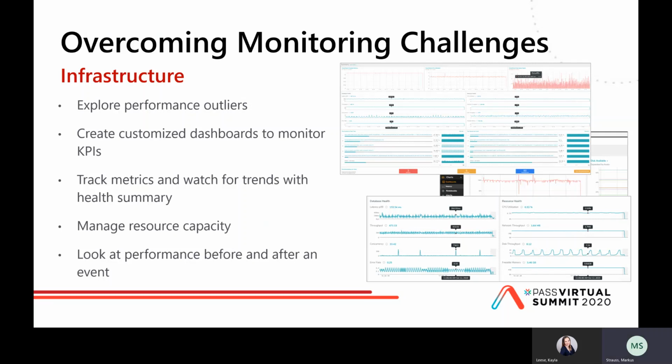And we still have to be able to do all of the things that we used to do and understand how the environment fares, even though we don't have any direct influence over it anymore. We still have to look at the performance of the environment pre and post any event, whether that's Black Friday, or a new piece of software or new code rollout. We compare pre and post that event to understand how our overall environment fared and where we potentially need to make changes.